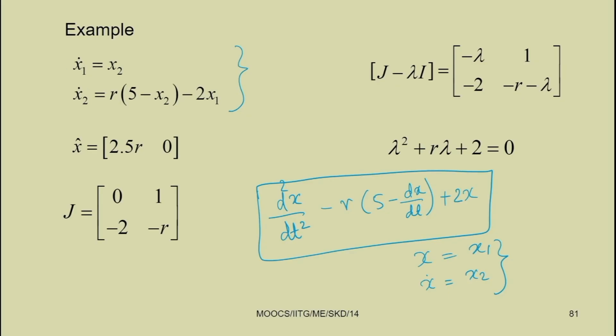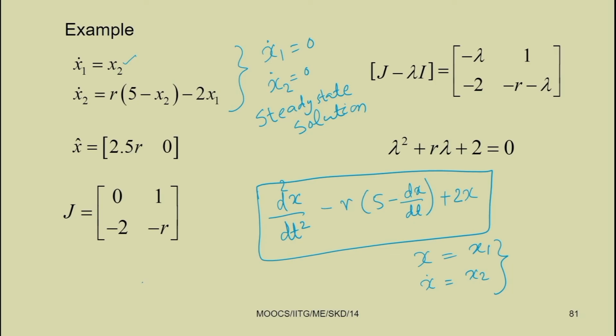By substituting x1 dot equal to 0 and x2 dot equal to 0, that is for the steady state or equilibrium solution, our equations become x2 equal to 0 and the second equation becomes r into (5 minus x2) minus 2 x1 equal to 0.